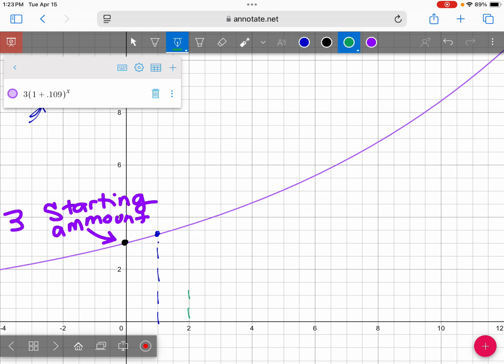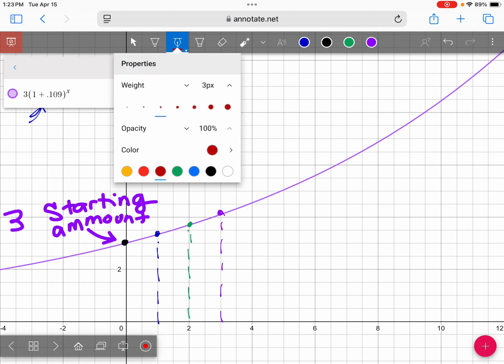At month 2, if we put 2 in for our power, we're at about 3.5. If we put 3 in as our power, we finally breached 4, about 4.25-ish.